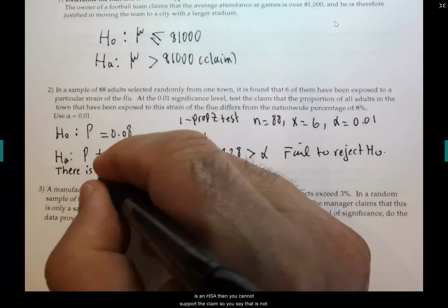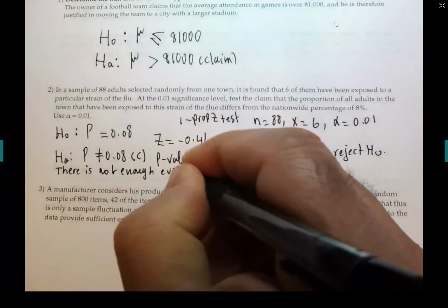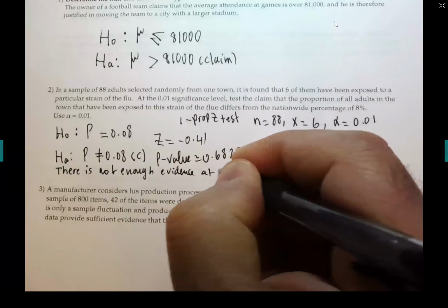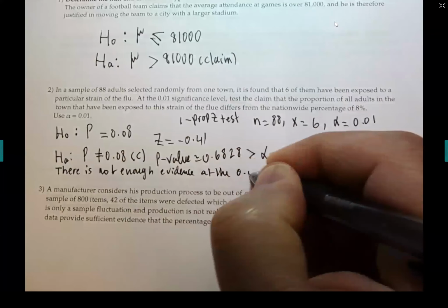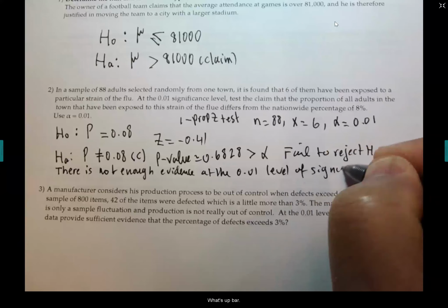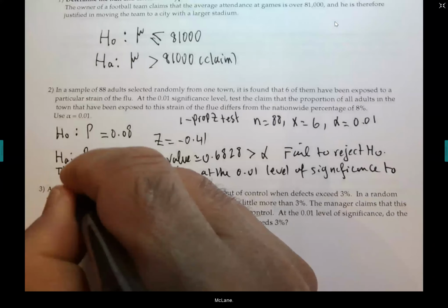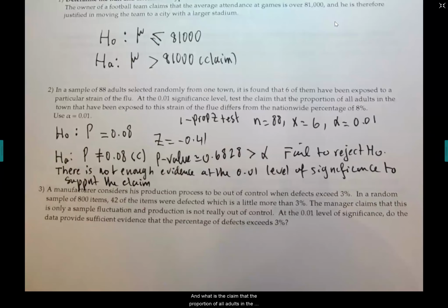So you say there is not enough evidence at the 0.01 level of significance to support the claim. And what is the claim?